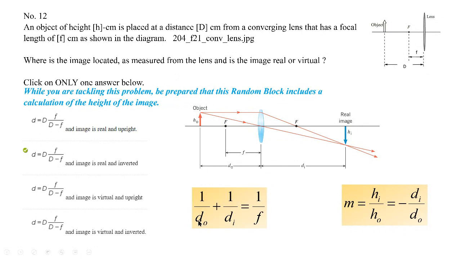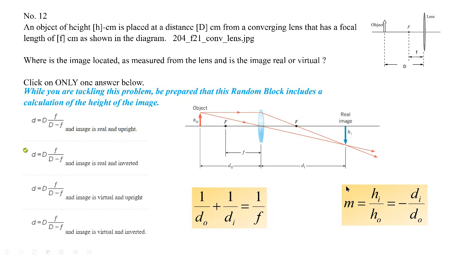You put down 1 over capital D plus 1 over little d for the image equal to 1 over f, and therefore 1 over d is 1 over f minus 1 over capital D, and then this is therefore the algebra. But this algebra does not yet tell you whether the image is real and upright or real and inverted.